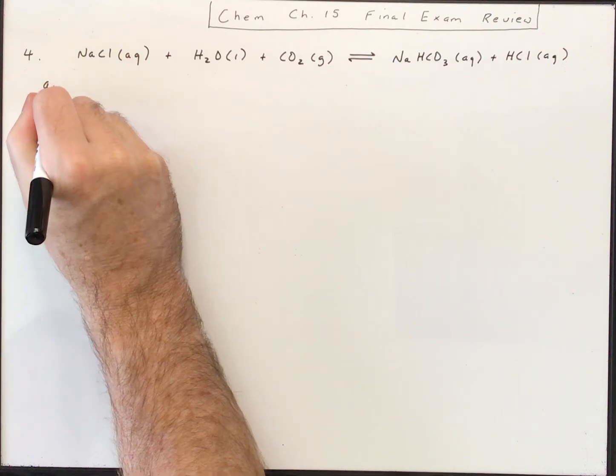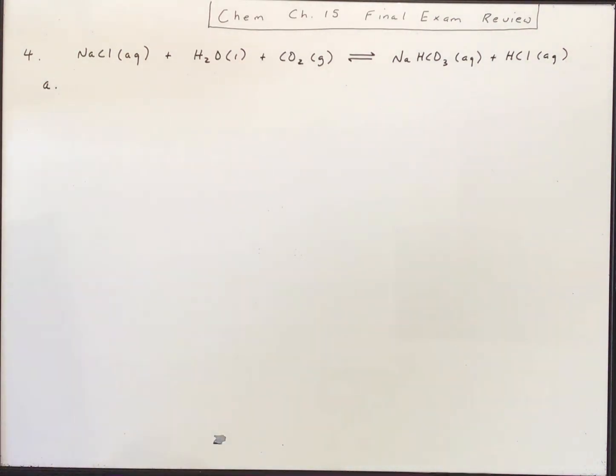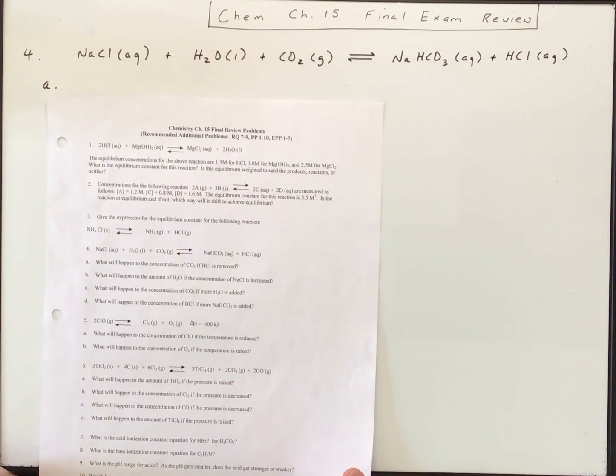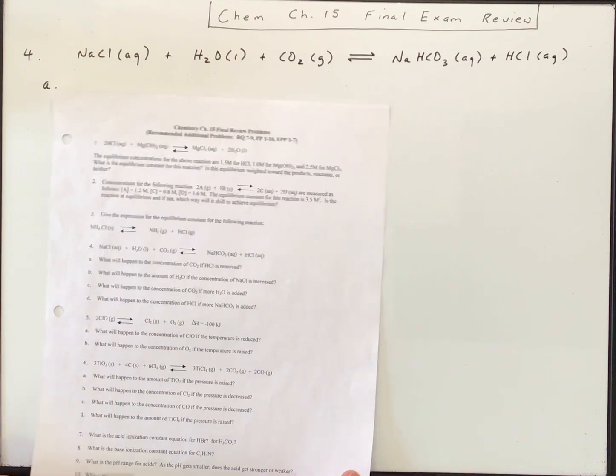Okay, so part A says, what will happen to the concentration of CO2 if HCl is removed?